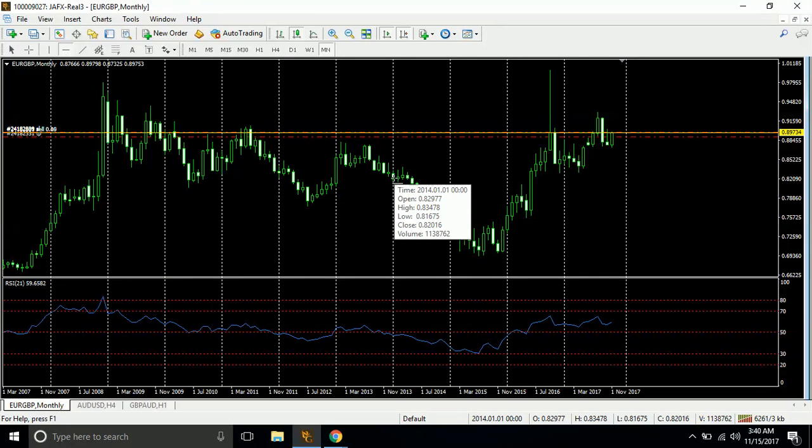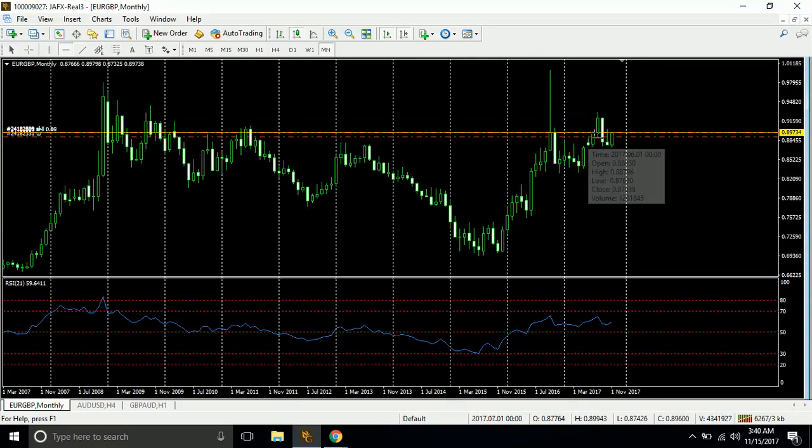This candle would start the next period. Here's January, February, March, April, May, June, July, August, September, October, November. So right there is 11.